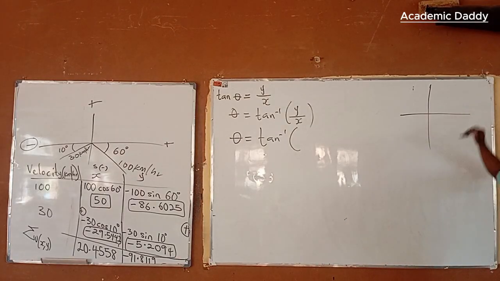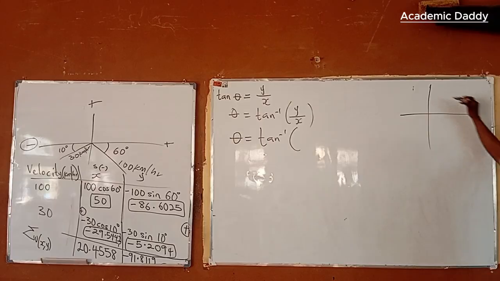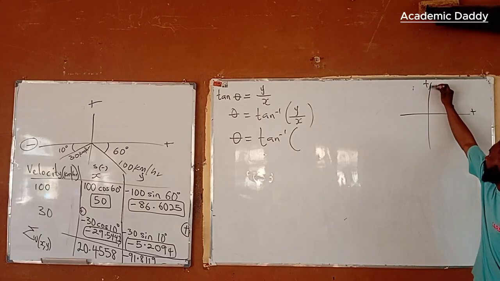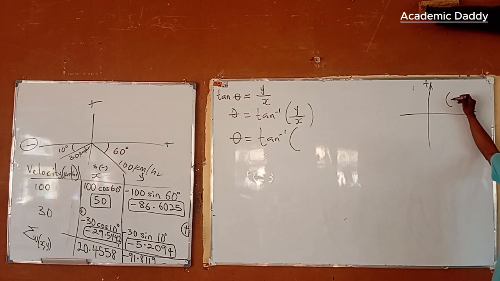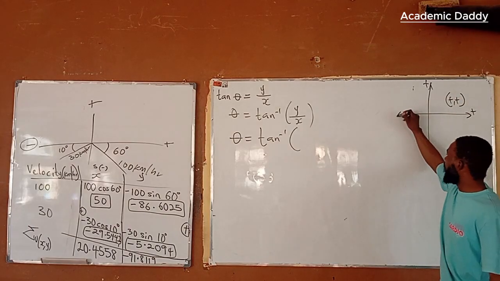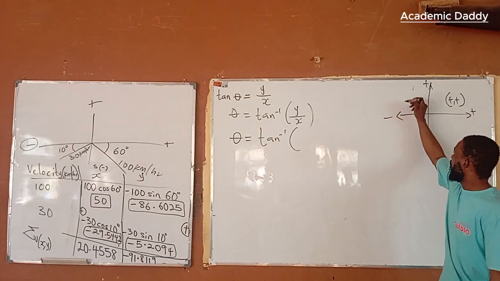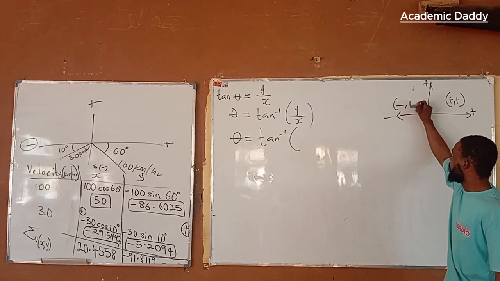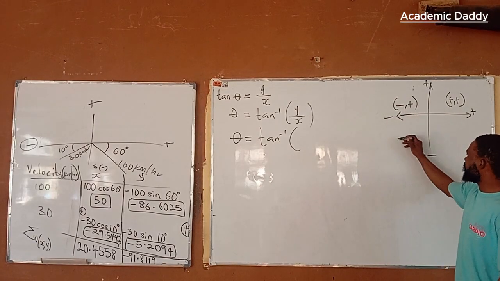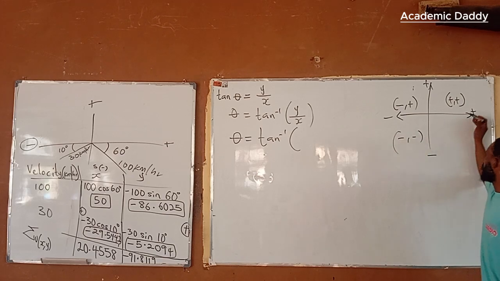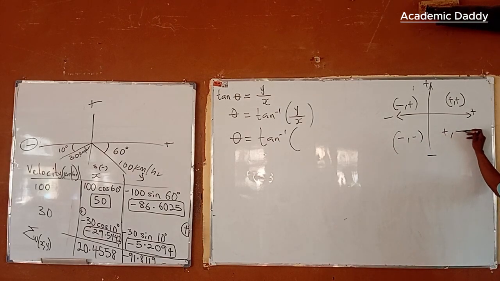In this quadrant, we have plus x and plus y. Now here, x always comes first. I have minus and plus. Y here I have minus, then here I have plus. X always comes first, so this is plus for x and minus for y.